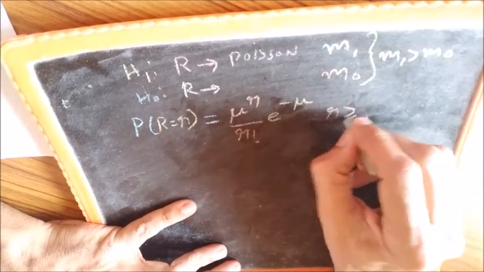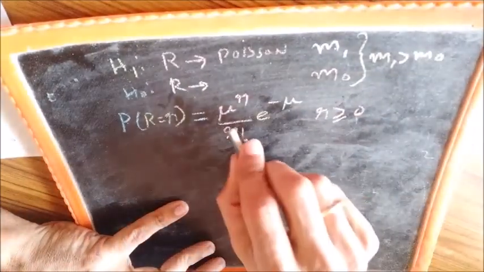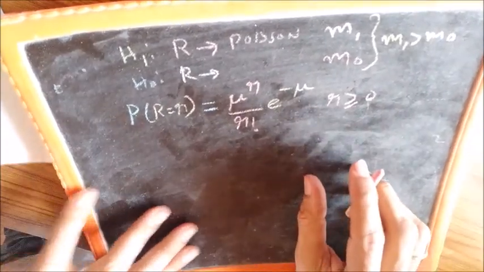Of course, R is greater than or equal to 0, taking non-negative integer values, and mu is the mean.